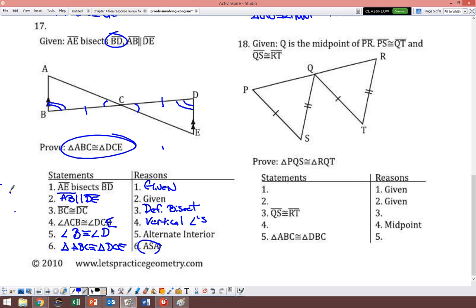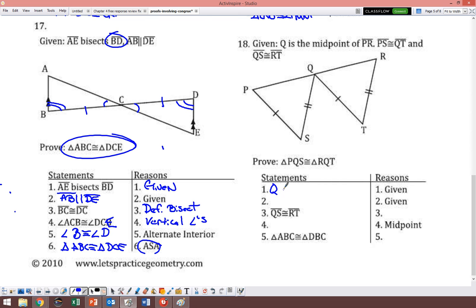And 18. Let's see. Given Q is the midpoint, all this. Now, 1. What's statement 1? There we go. Hey, look, I was trying to help you out there.